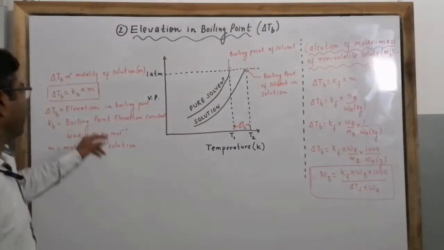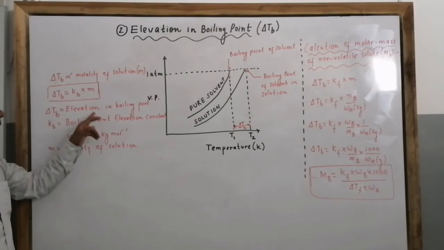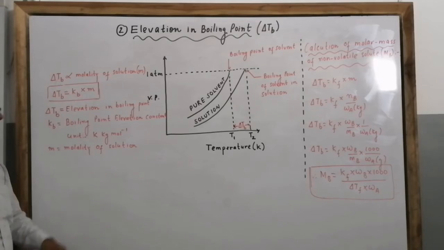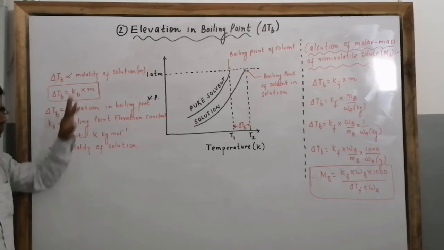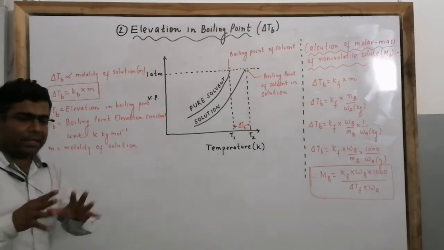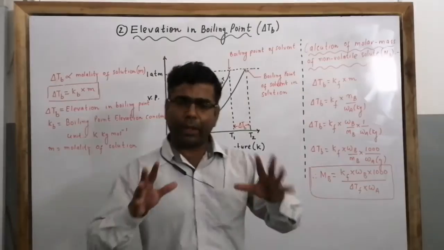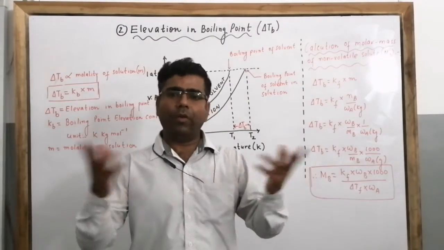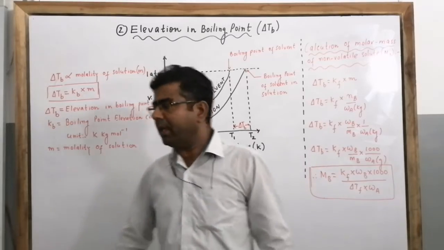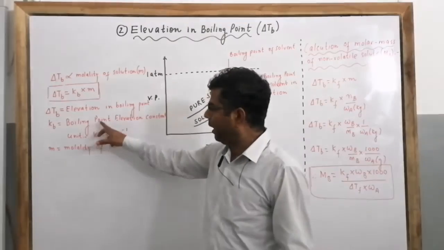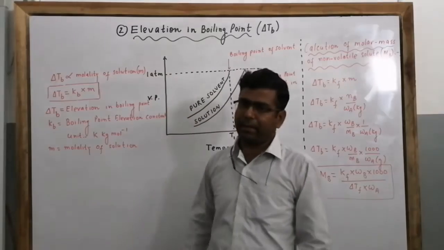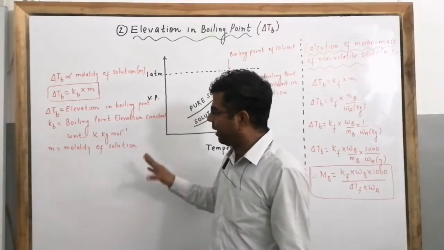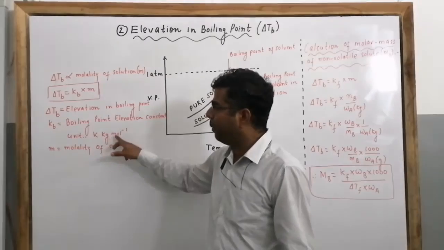Now, removing the sign of proportionality, we get a constant which is called Kb. So delta Tb equals Kb into m, where Kb is a constant for a particular solvent. For every solvent, the value of Kb will be different. This Kb is called the boiling point elevation constant, and its unit is Kelvin kilogram per mole.